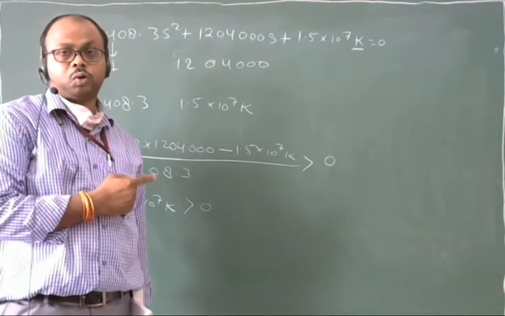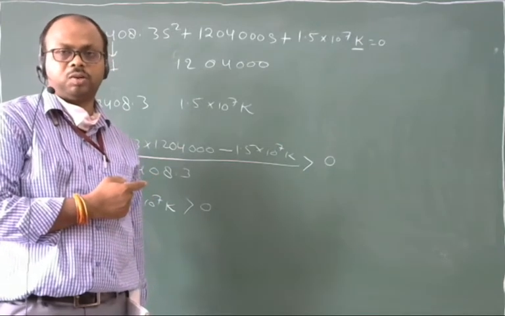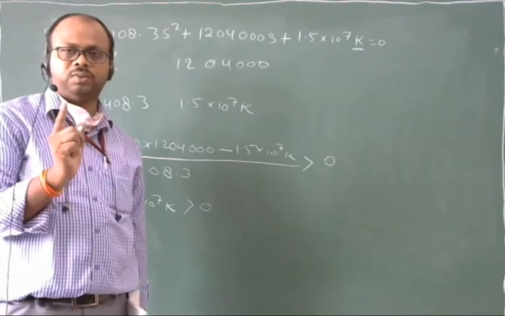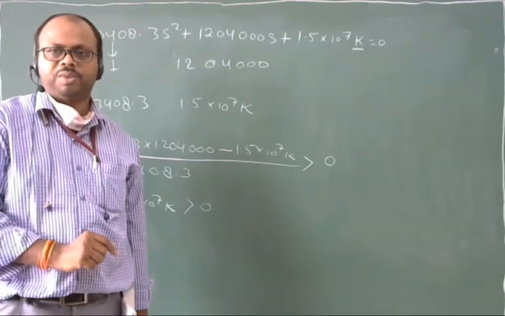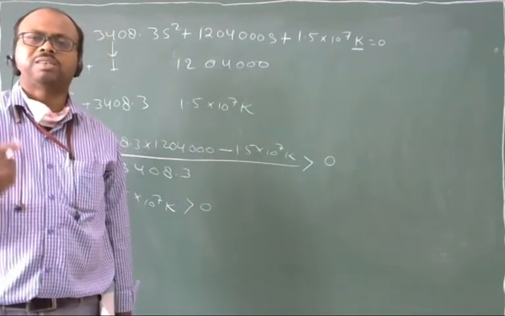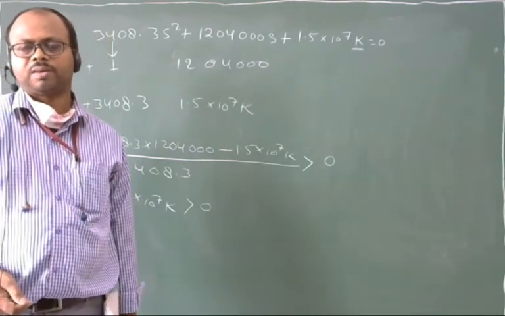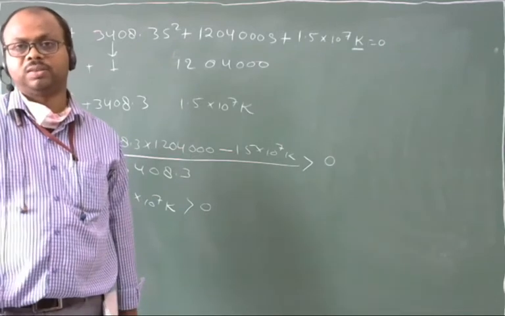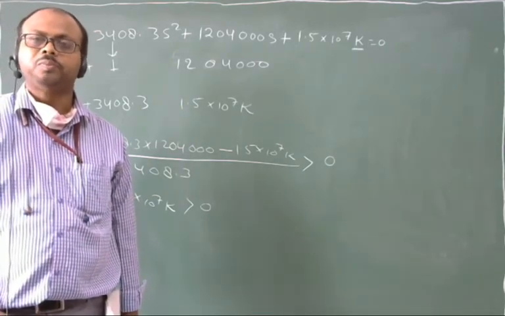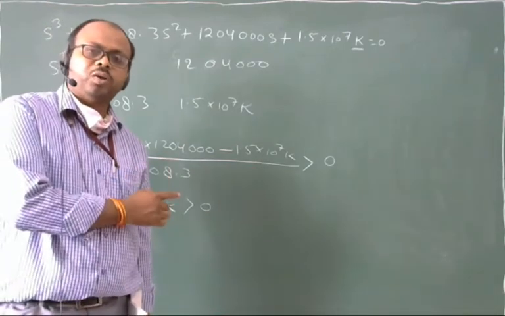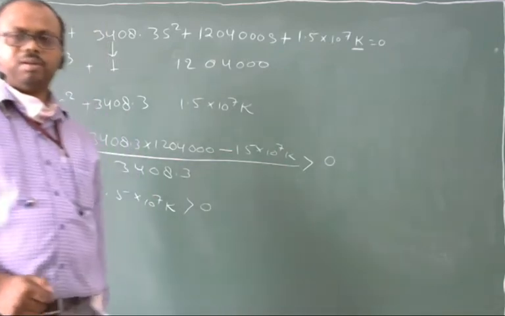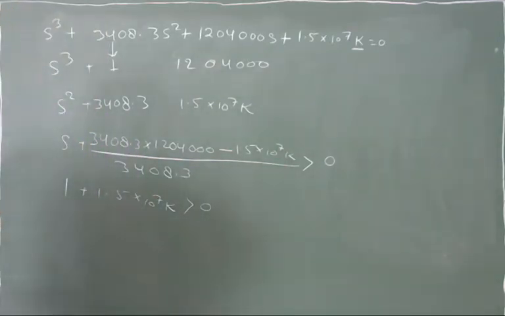It is only greater than 0 for the system to be stable. If it is equal to 0, then the system may be marginally stable or unstable. Remember the two cases which we learned earlier, right? So there should be only positive signs, and then only the system will be stable.